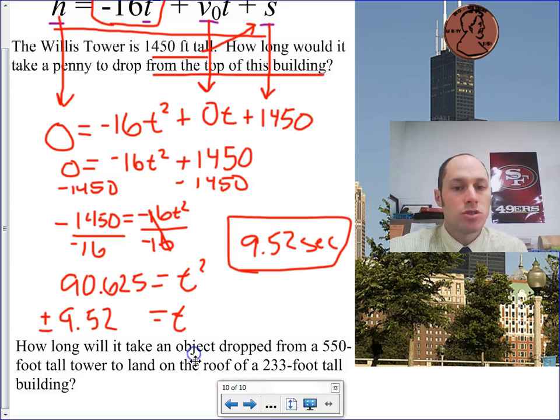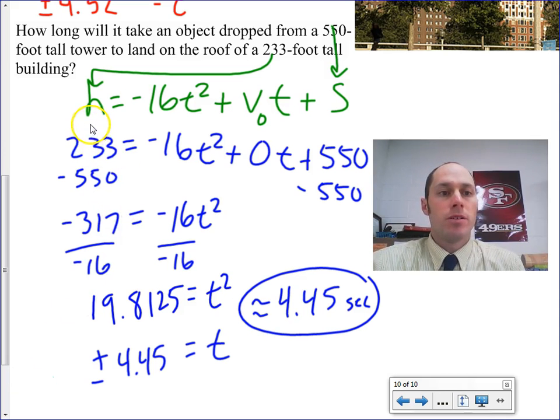How long will it take an object dropped from a 550-foot tall tower to land on the roof of a 233-foot tall tower, assuming that it's dropped, not thrown up into the air at all. So if we apply our vertical motion formula, we want to know when the height is 233. Our initial height is 550. Our initial vertical velocity is 0. So we plug those into our equation, and 0 times t is 0.